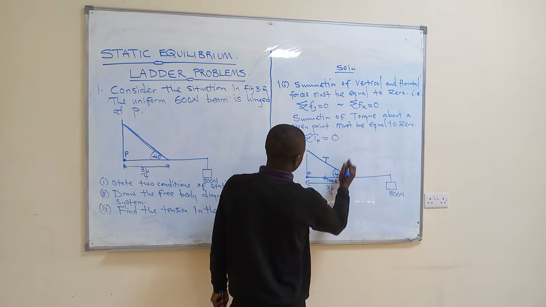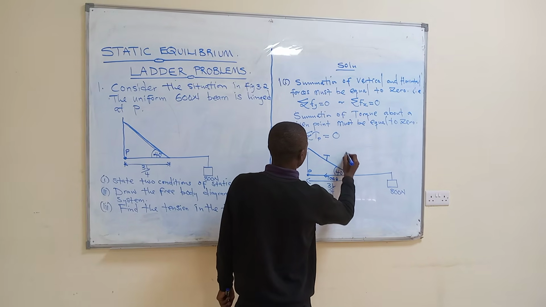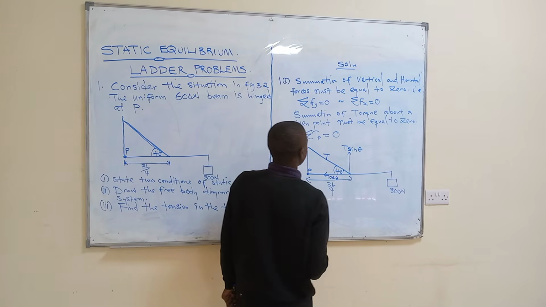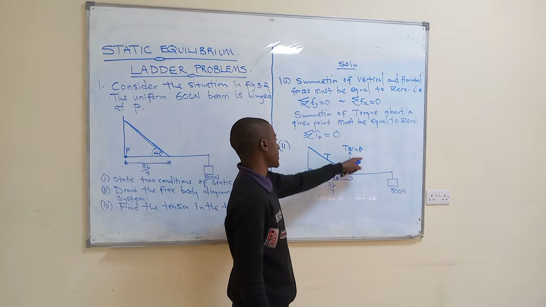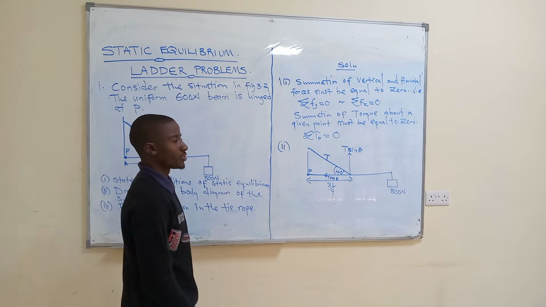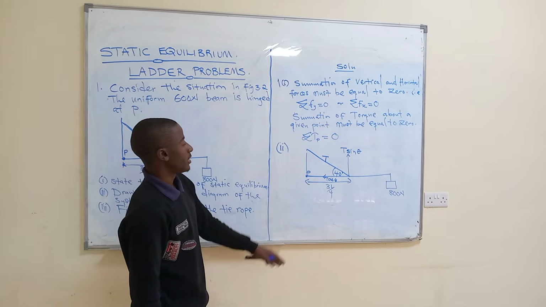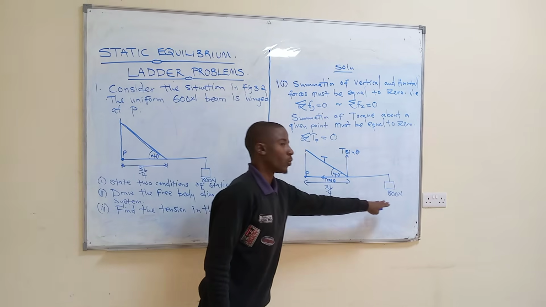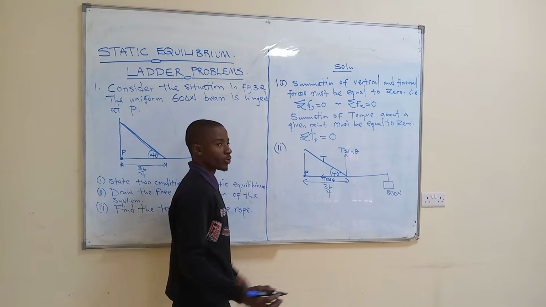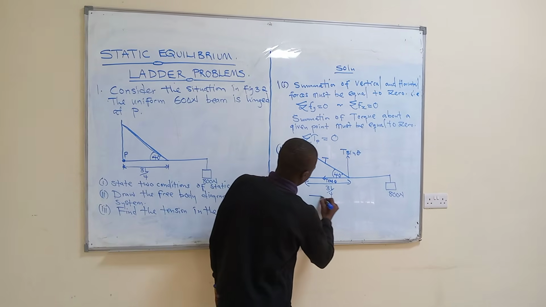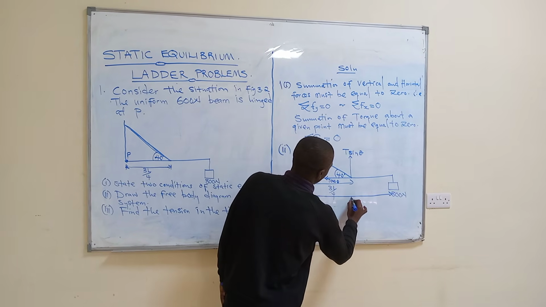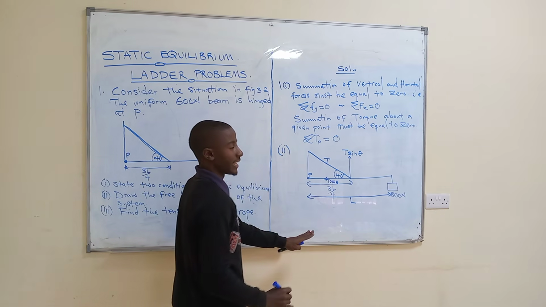If you resolve it vertically, you are going to have T sine theta. In that case, theta, that is 40 degrees. Apart from that, what you have to bear in mind is that the length from P to where 800 was exerted, we are not too sure. So we are going to consider it as L, which is then like that.